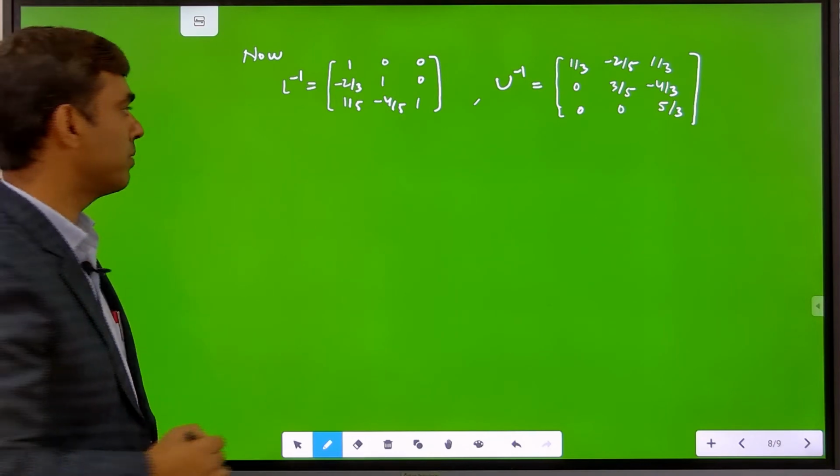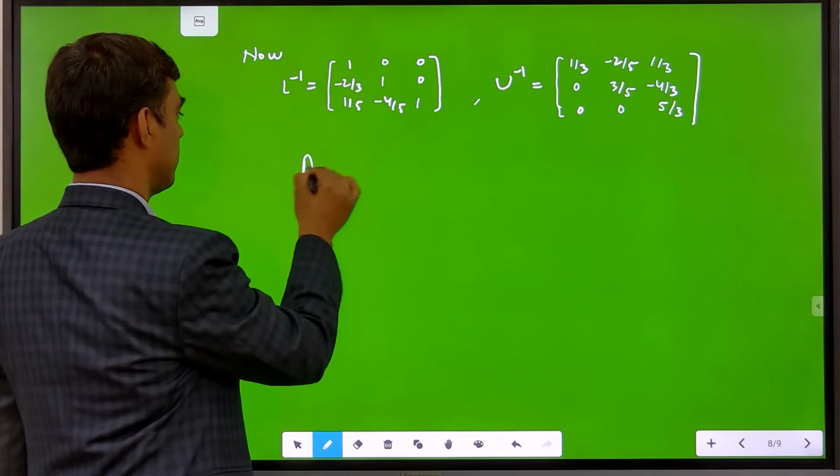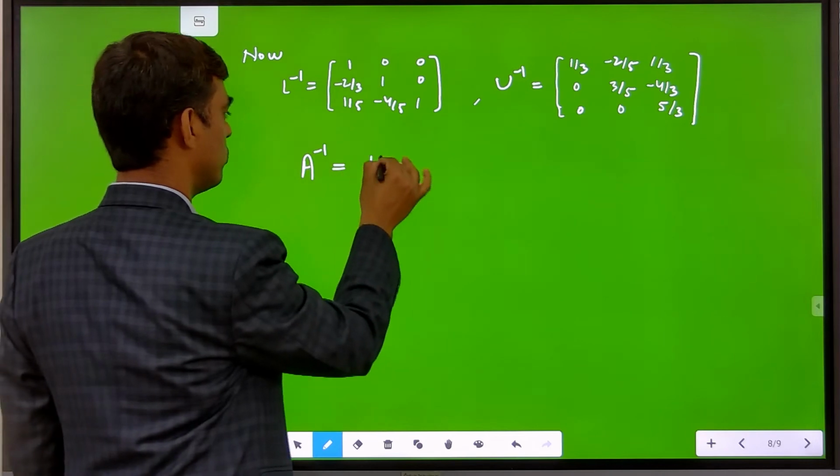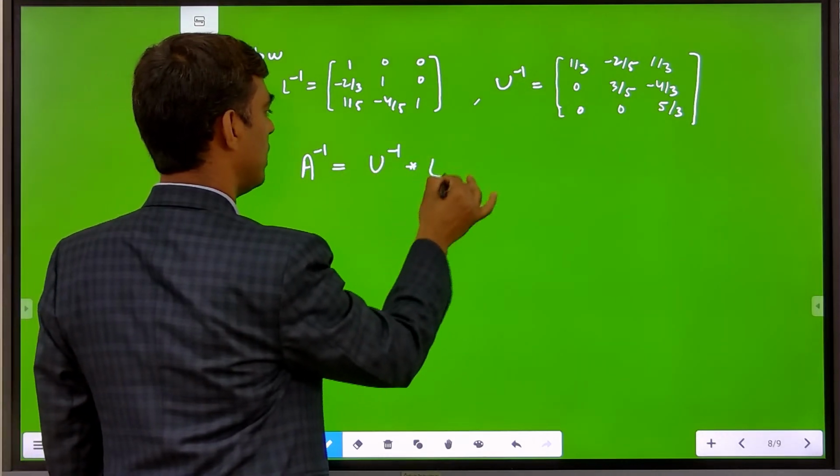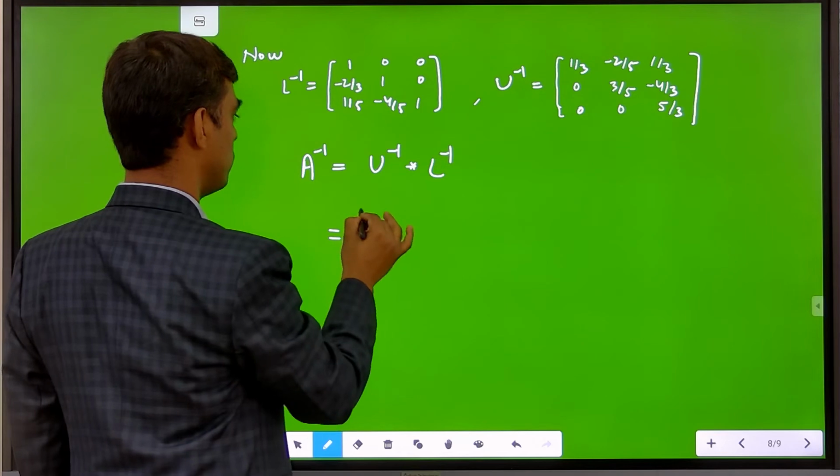So how do we find A inverse? A inverse equals U inverse into L inverse. So we multiply these two.